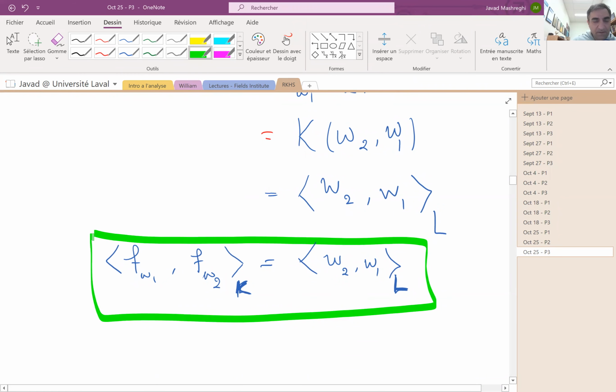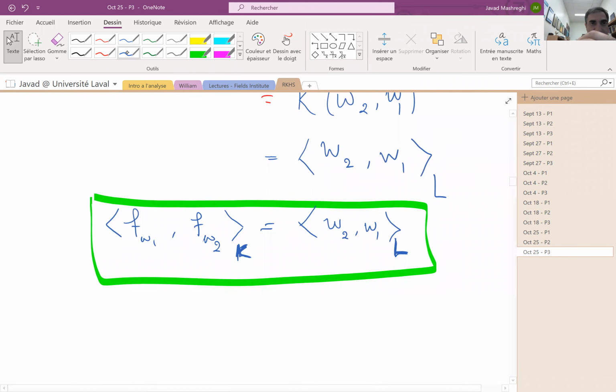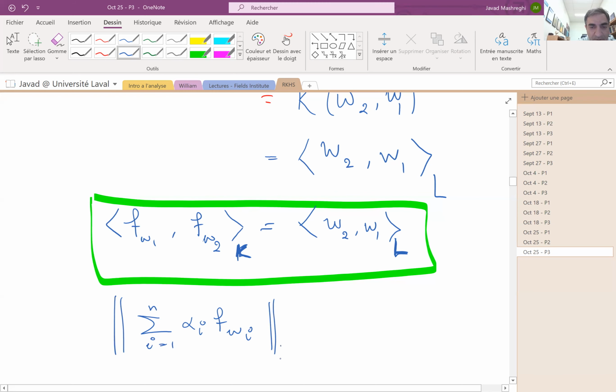That's the principal identity. And now from this, you have the isometry we are looking for. What is the norm in K of the sum of alpha_i f_{w_i}, i from 1 to n? Well, you square it, and I have done this before. I do not repeat it again.